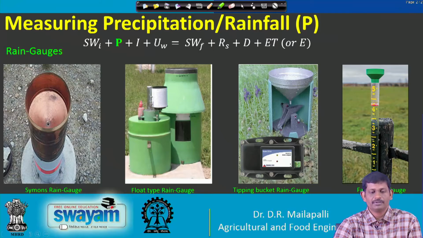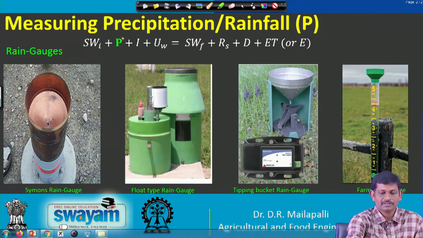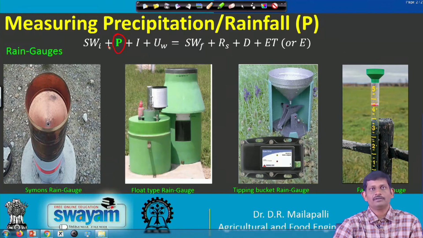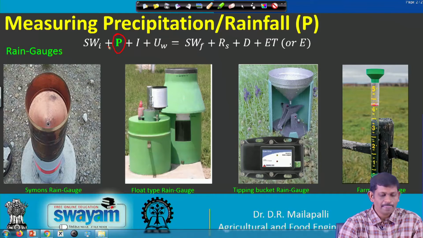Next, once you know the water balance components, how do you measure the individual components? For example, in this equation, the first is the precipitation. How do we measure precipitation? Basically through rain gauges.